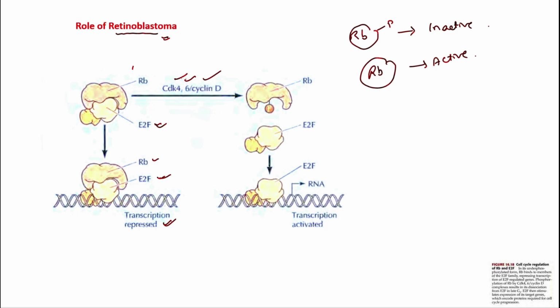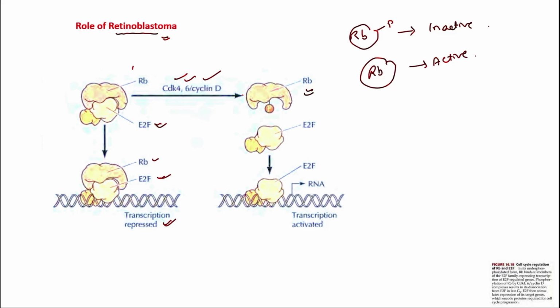But when CDK4, CDK6 and cyclin D are present, they phosphorylate RB. Remember one thing: CDK4 alone cannot inactivate it, because we require RB to be inactive so that it will leave E2F.